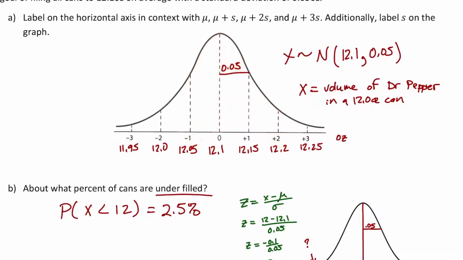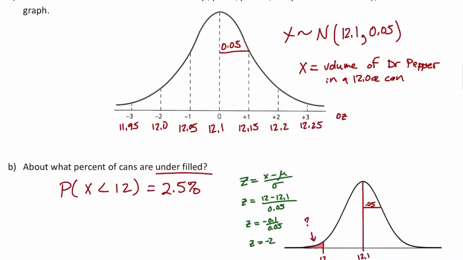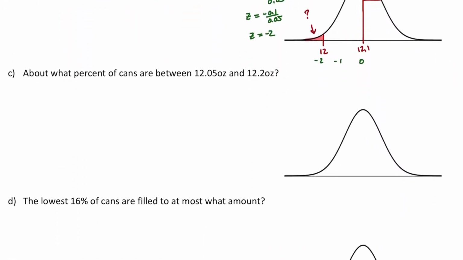Notice we are basically converting from these values in context into z-scores. I want to draw the picture of what I just did, but just of the numbers I'm looking for. So again, 12.1, 0.05.